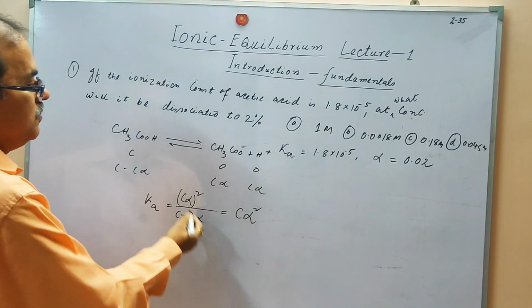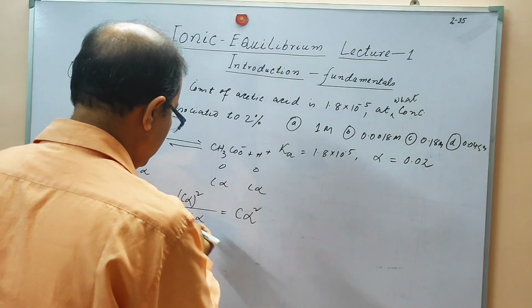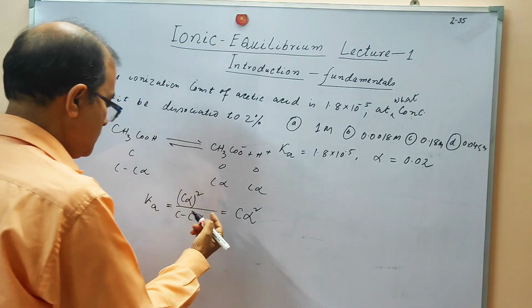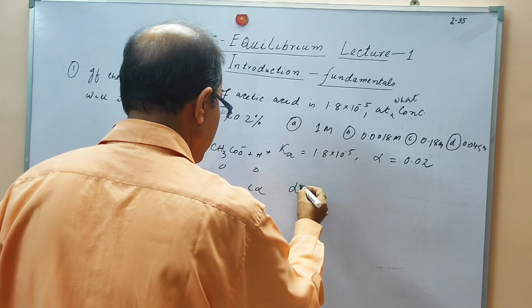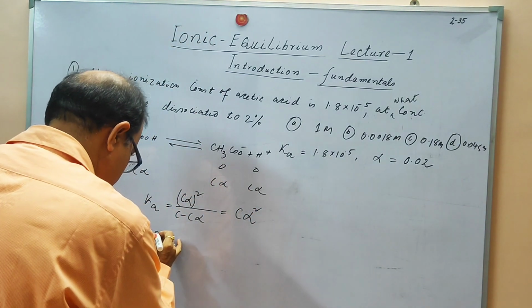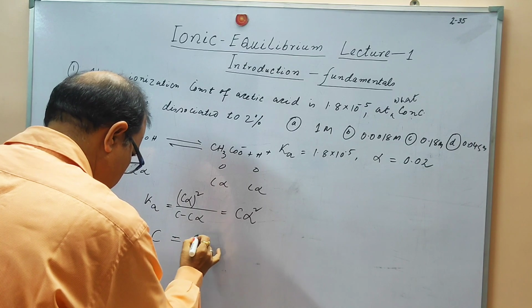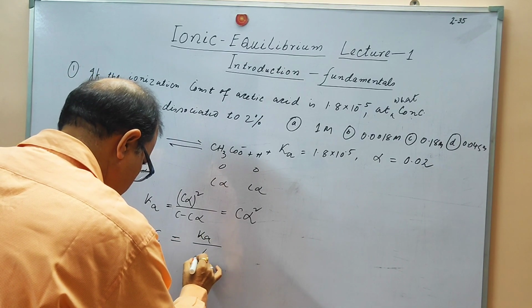Because it is a weak acid, we can neglect the alpha in the denominator, and from this you get alpha. We have to calculate the concentration C, that is Ka by alpha square.